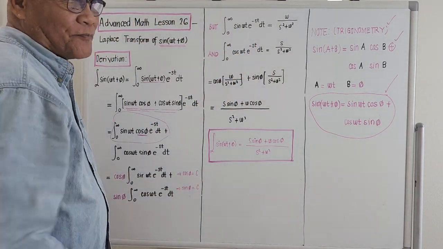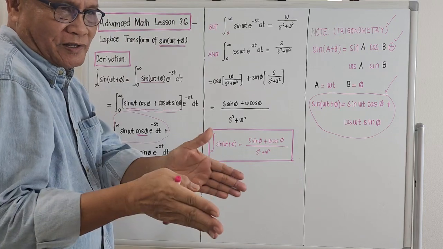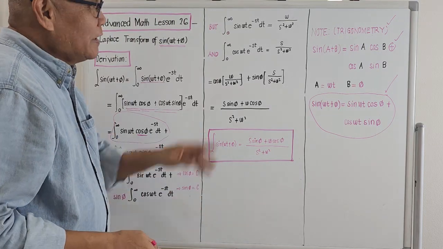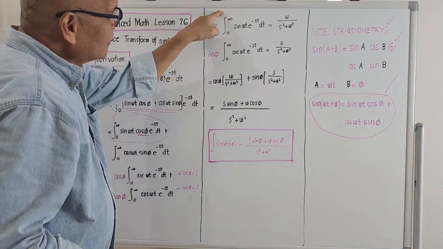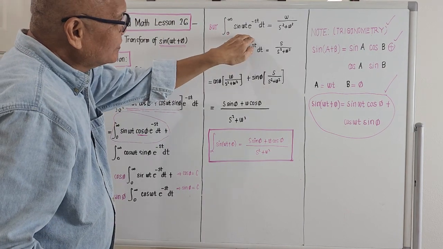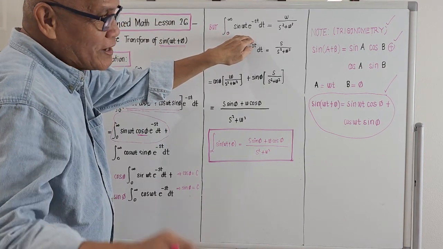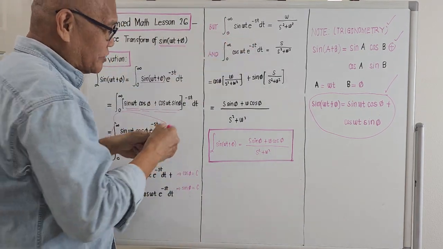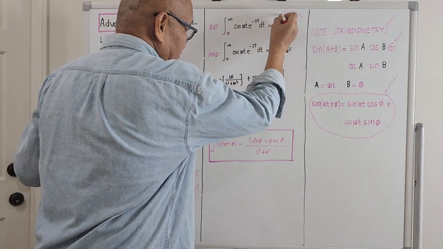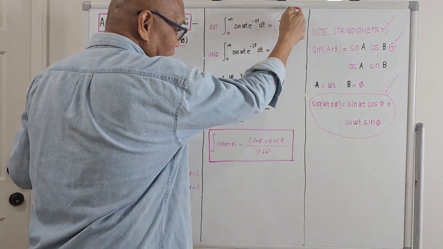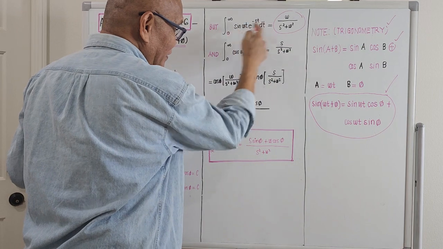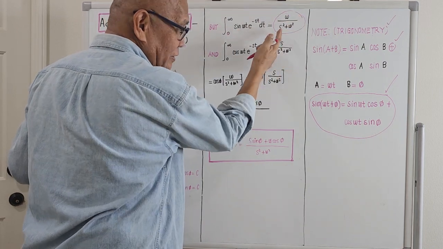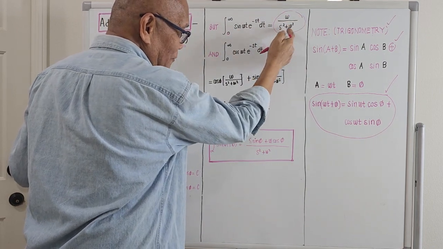Actually, we are done with that. I think it's either formula number 5 or number 6 under the Laplace transform formulas. The integral from 0 to infinity of this is one of the Laplace transform formulas. It is omega, for a sine, numerator. The denominator will be s squared plus omega squared.